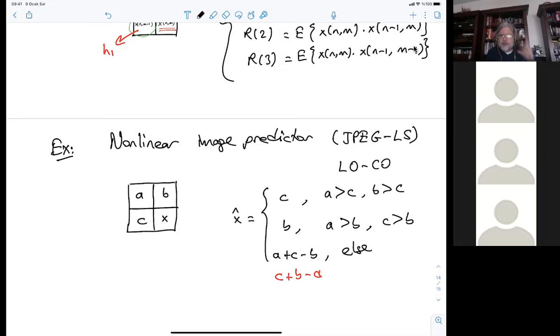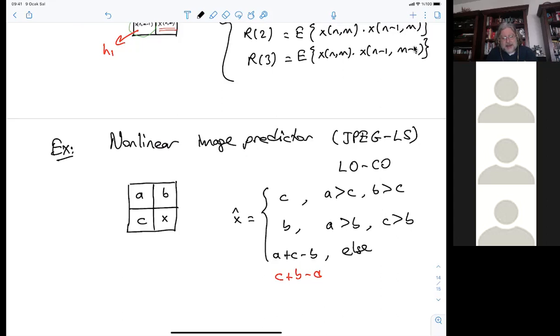It's just an intuitive way of looking at the problem of making a prediction. So logically, what should be the value of x is the thing that you have to think about, and you just decide accordingly. But it's a nonlinear image predictor, and we don't have any expected value of the error here. We cannot really estimate the sigma d squared, because everything is nonlinear.